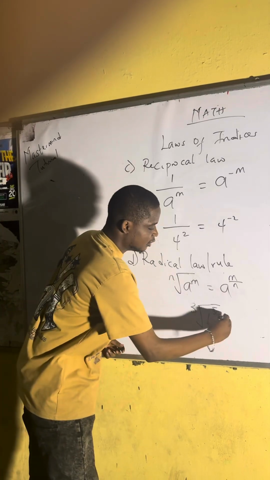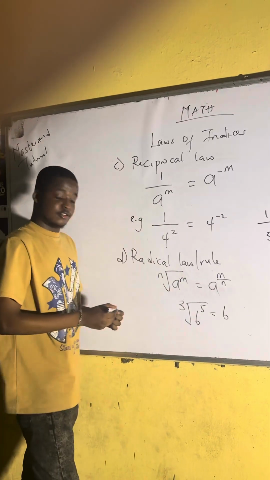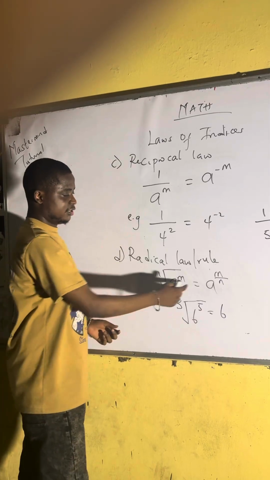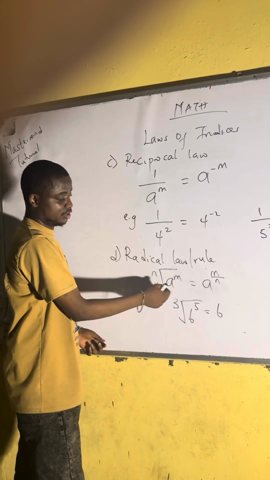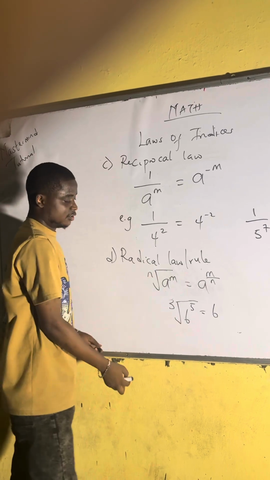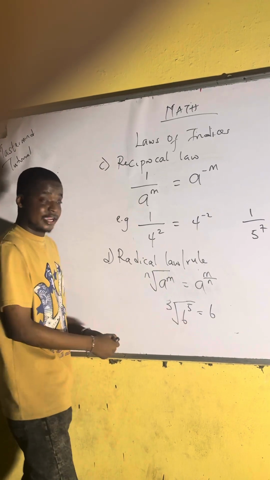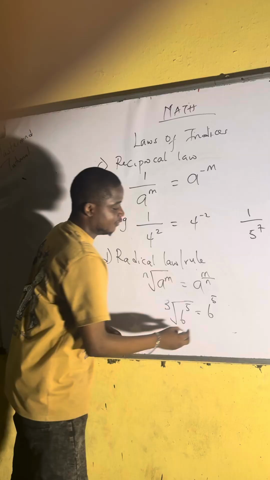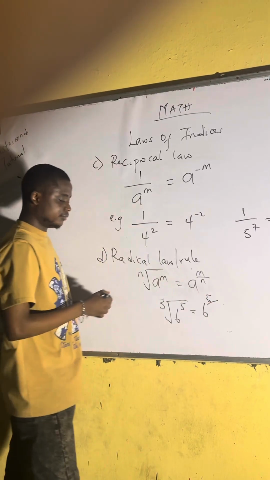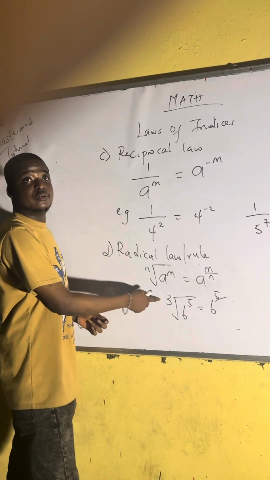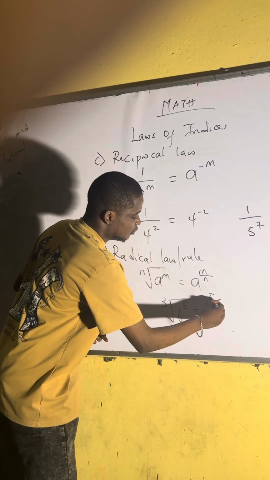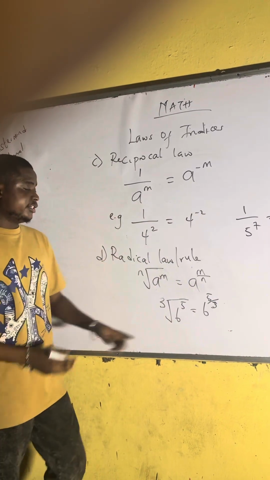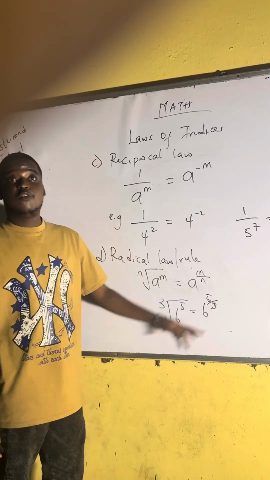So it's going to be 6 first, and then the initial power of the base, which was n here, which is 5, over the power of the roots, which is 3. So this is basically 6 raised to the power 5 over 3.